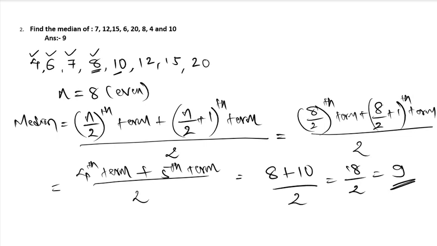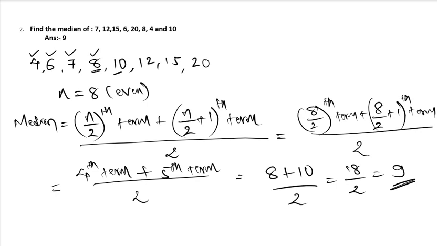So it is not necessary that your median will be one of the observations. Median means middlemost observation or middlemost value in the set of all observations. So middlemost value in this set of observations is 9. That's why the median is 9.